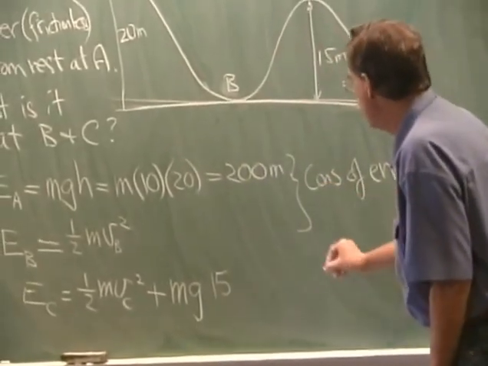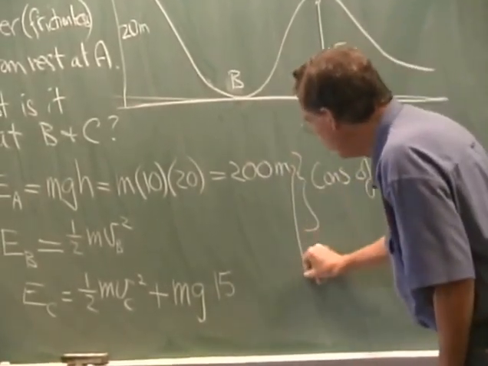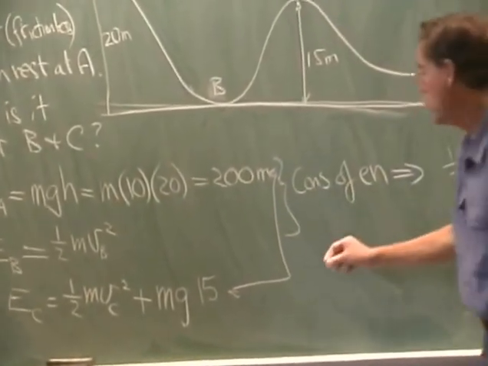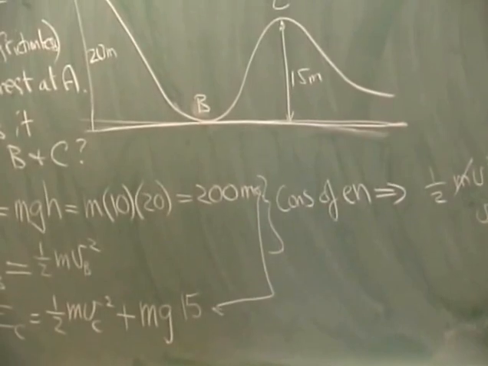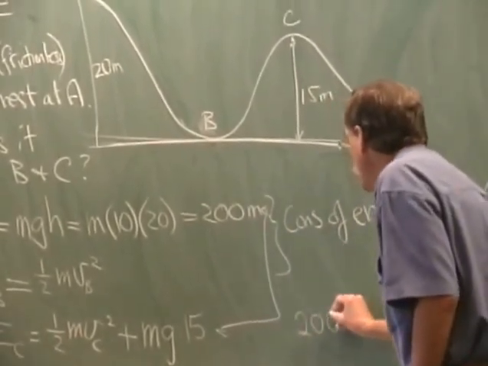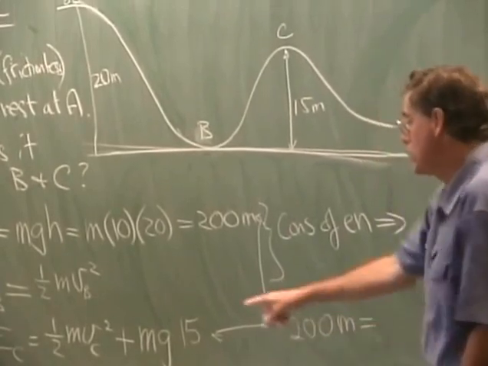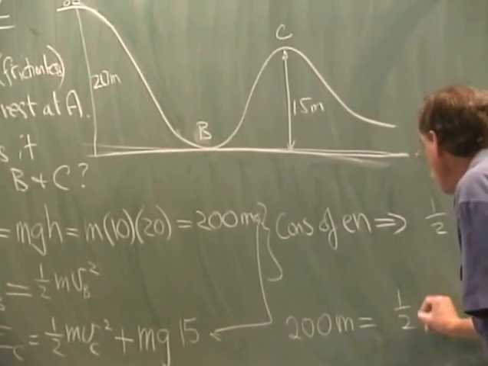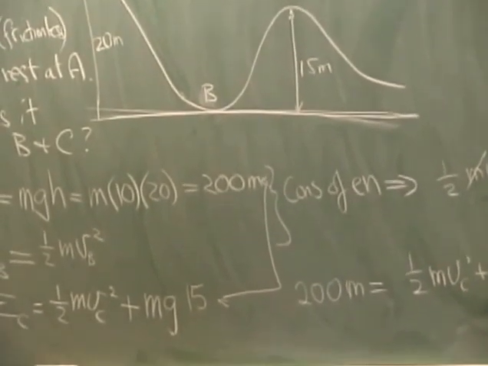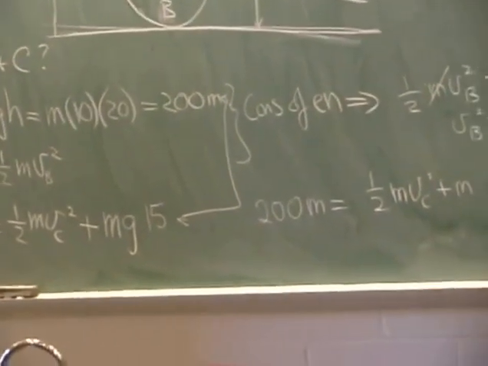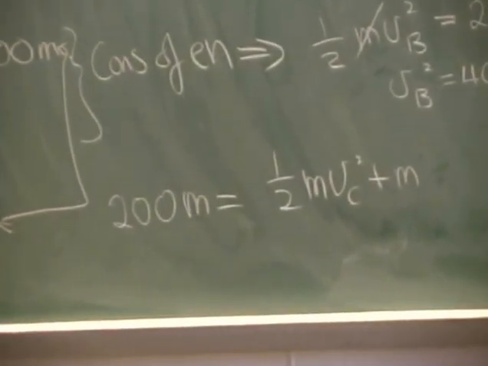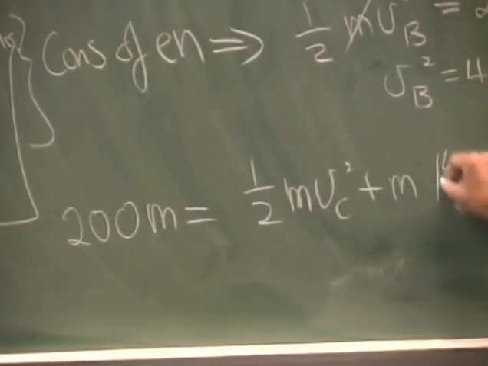So, conservation of energy says if I compare the beginning and the end, I've got a nice formula for the total energy at point A. It's 200 m has got to be equal to 1/2 m vC squared plus m times g, which is 10, times h, which is 15, so that would be a total of 150.